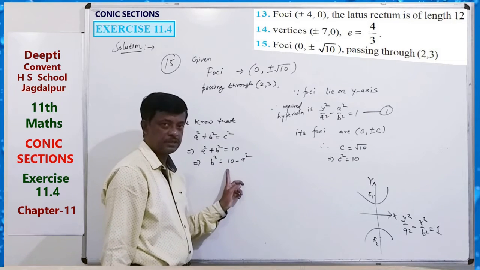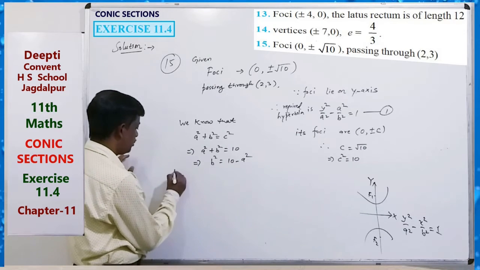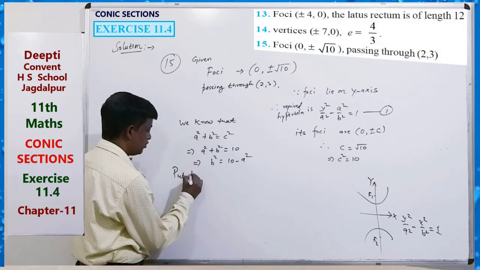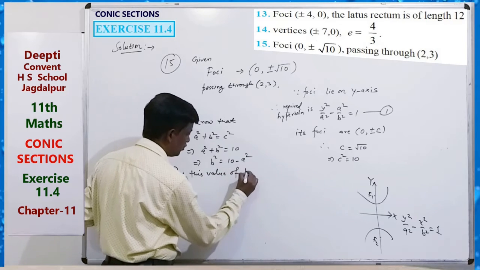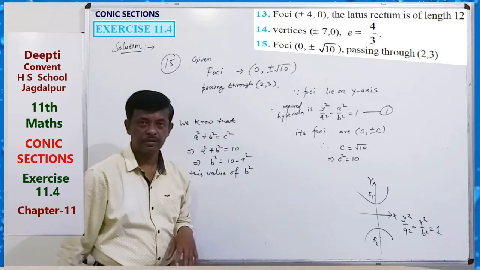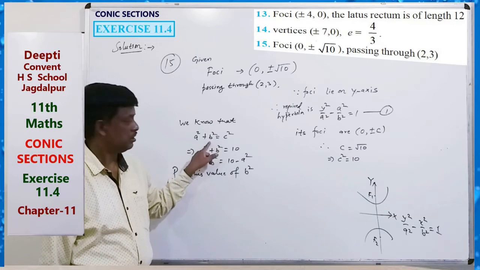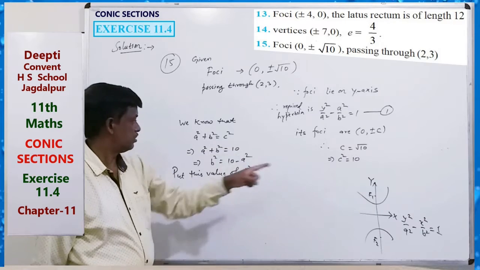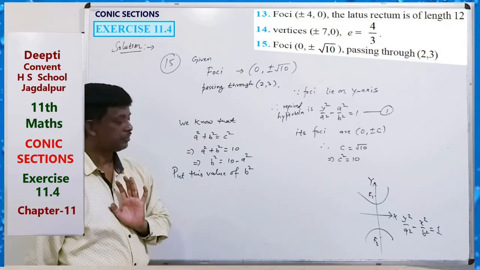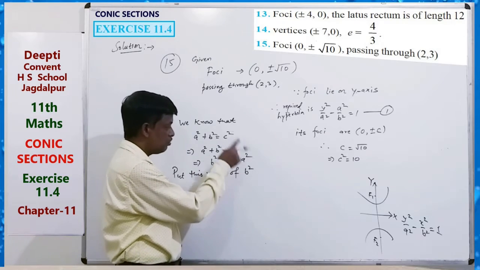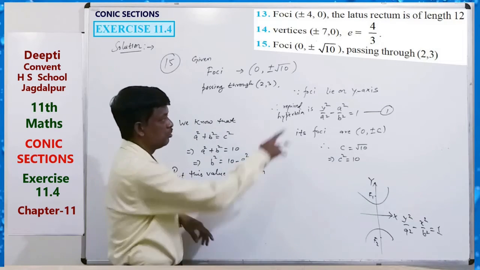Now this can be used in equation 1. Put this value of b square, because we know this relation for the hyperbola and c square equals 10. So here b square equals 10 minus a square. Put this value of b square in 1.